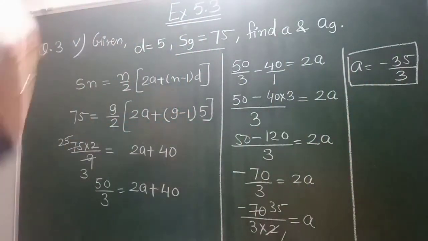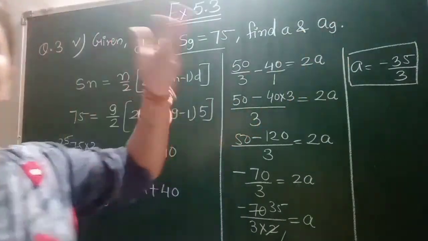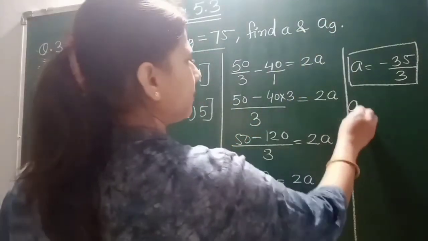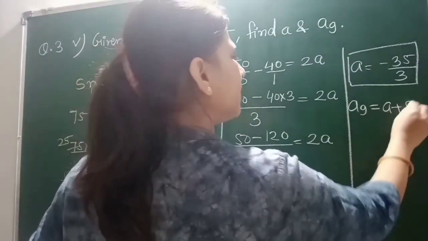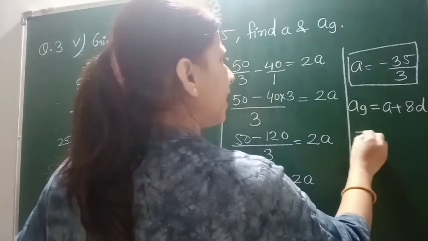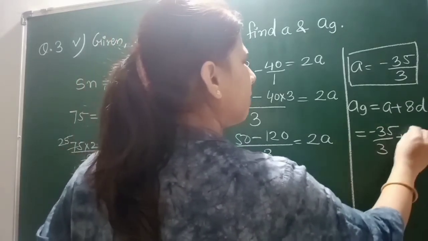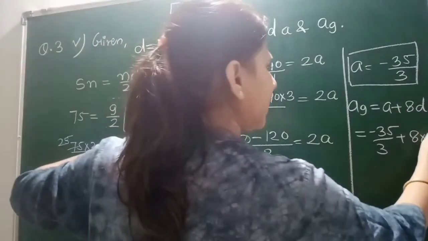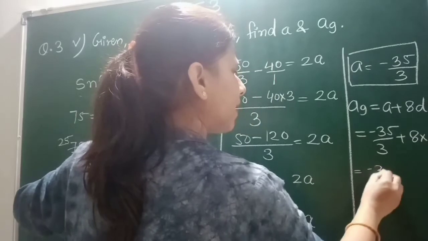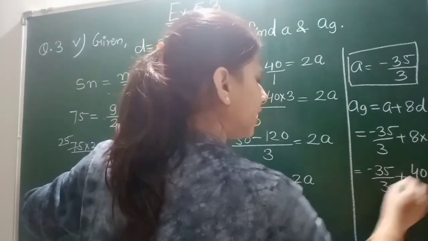Okay student, now we will find the ninth term. For that we will apply the same formula. A9 will be a plus 8d. Value of a is minus 35 by 3 plus 8 into d. The value of d is 5. So minus 35 by 3 plus 8 5s are 40.